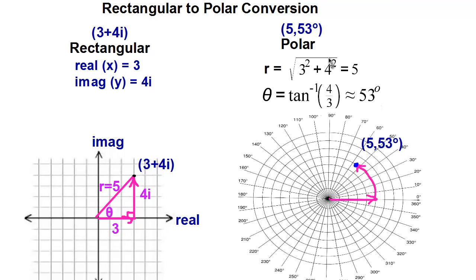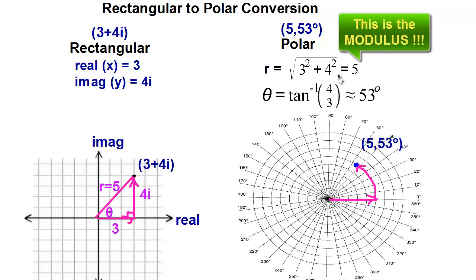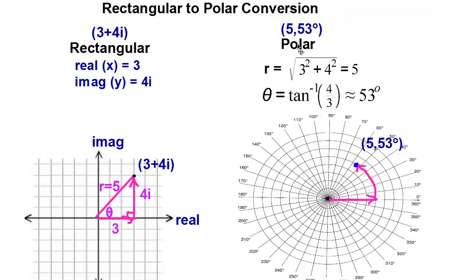And indeed, converted into polar form, this is the point with r of 5, because r is the square root of 3 squared plus 4 squared. Oh, by the way, that's the modulus, which is 5. And theta, the angular coordinate, is going to be the inverse tangent of 4 over 3, which is approximately 53 degrees.